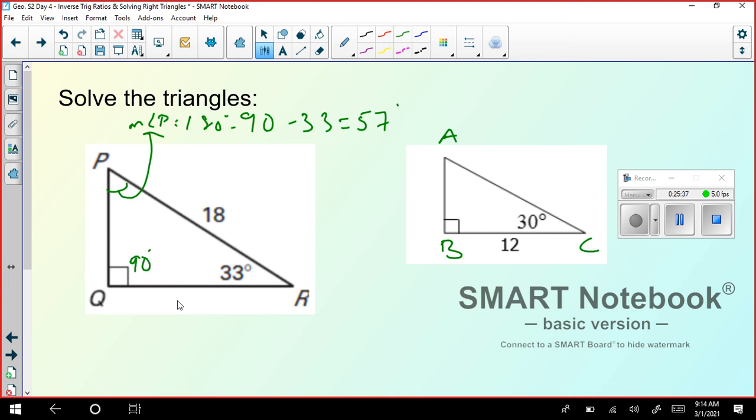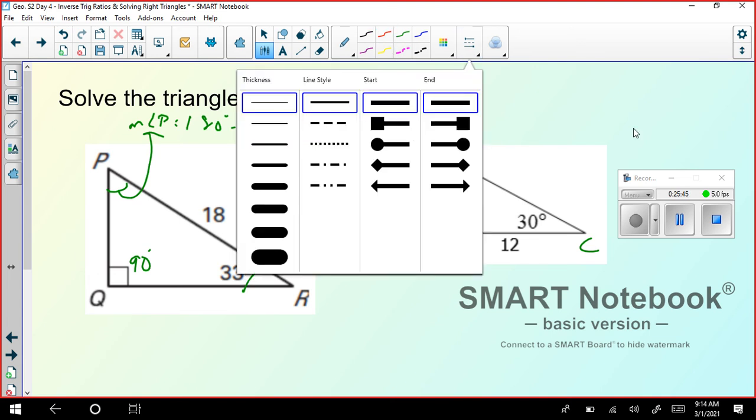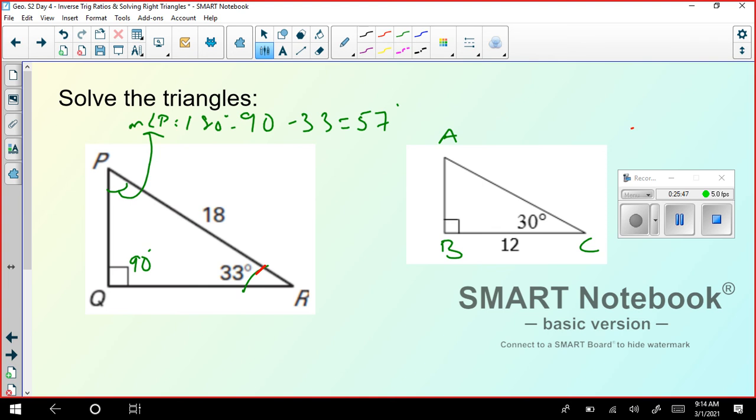Now we need to get these two sides. With reference to this particular 33 degrees, let me use red. With reference angle of 33 degrees, I have this to be adjacent, this to be hypotenuse, and this to be opposite. Using these two, adjacent and hypotenuse, I can get the value of adjacent.